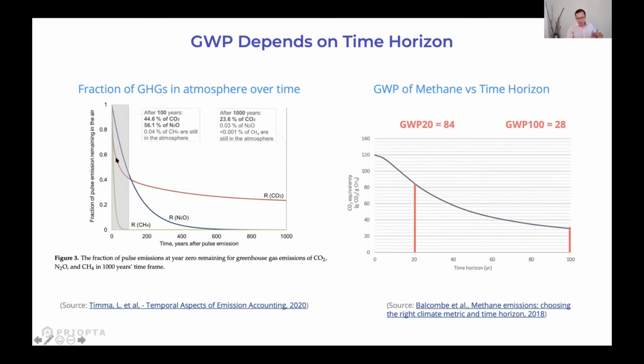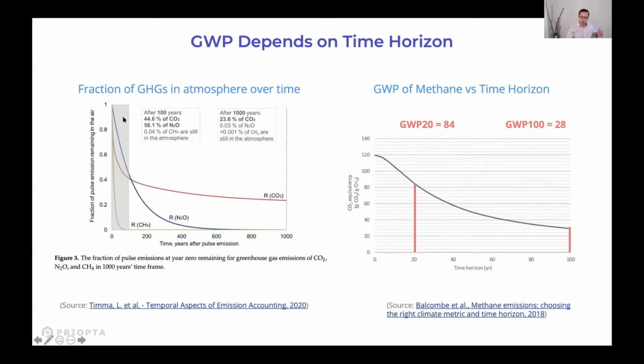But the reality is that different greenhouse gases have different impacts on our atmosphere over time. For instance, CO2 can stay in the atmosphere for a long time. Even after 100 years, about 44% of the CO2 that was emitted is still in the atmosphere, actively impacting global warming. Even after 1,000 years, 23% of the CO2 is still remaining in the atmosphere.